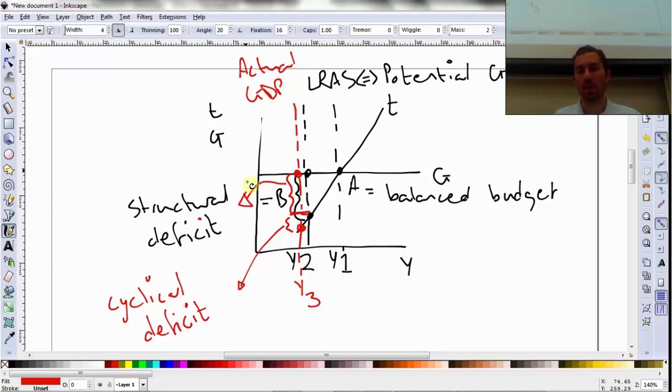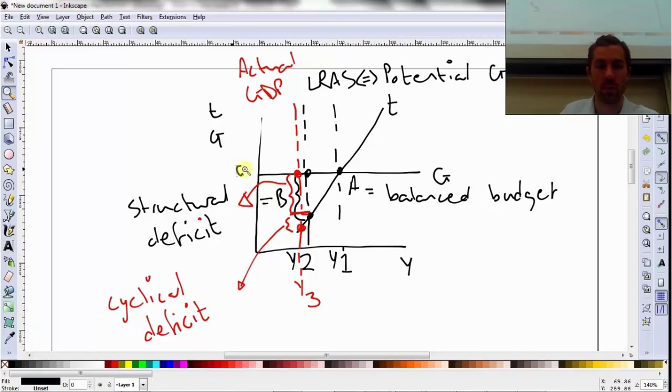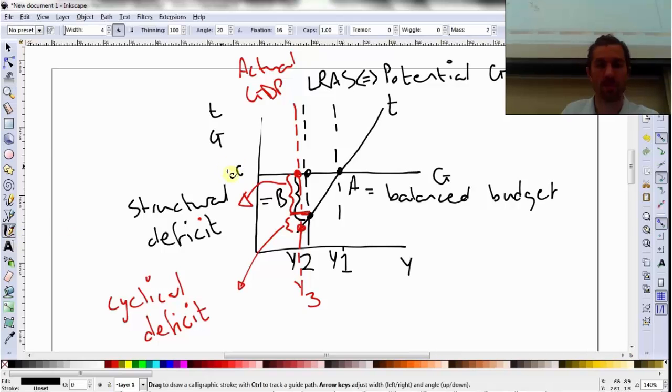Okay, well, in our example here, where we're dealing with Y2, so at potential GDP Y2, the government has a structural deficit. The way it could deal with that structural deficit would be to, instead of having government spending at this level here, let's do this, instead of having government spending level G1, decrease its spending to government spending level G2.